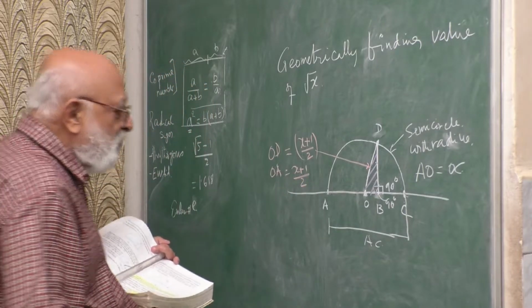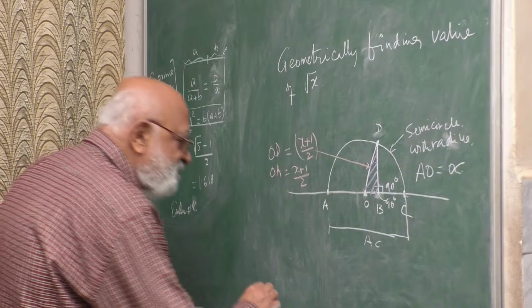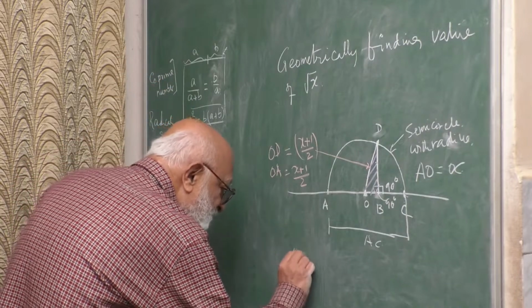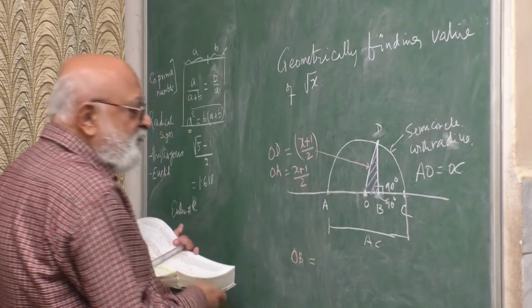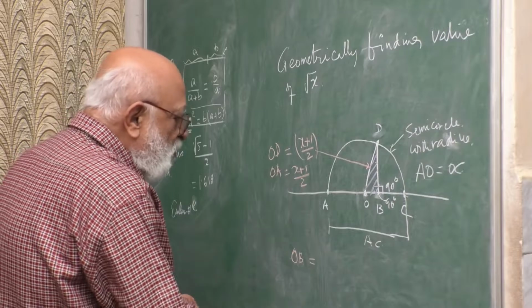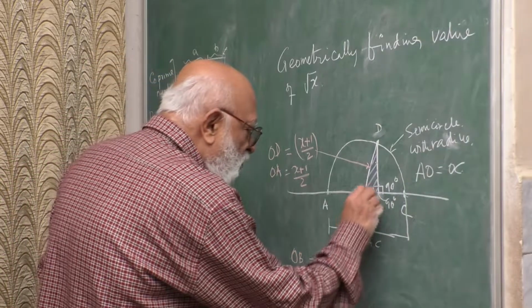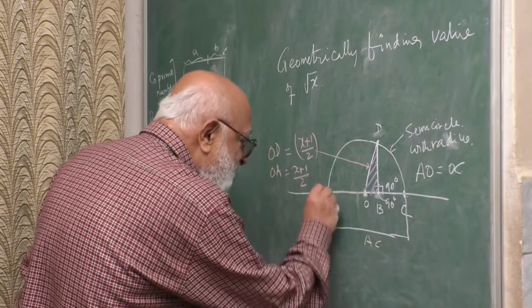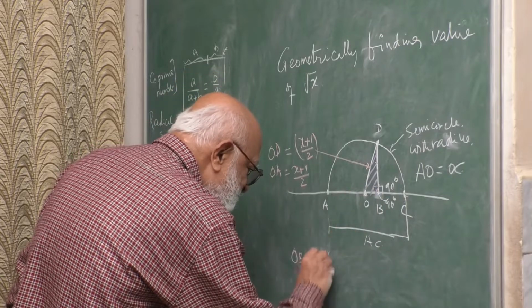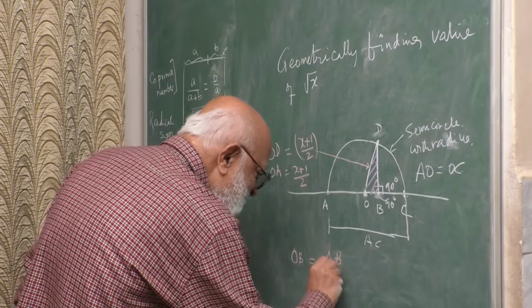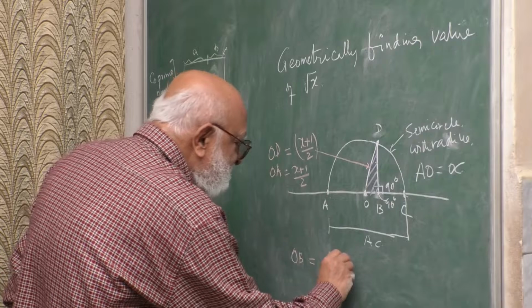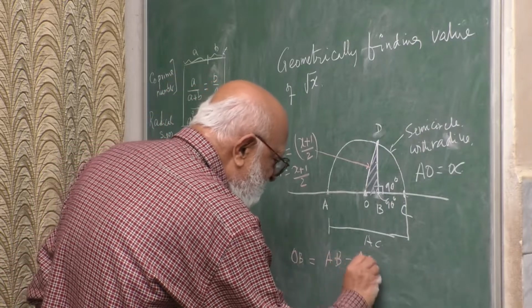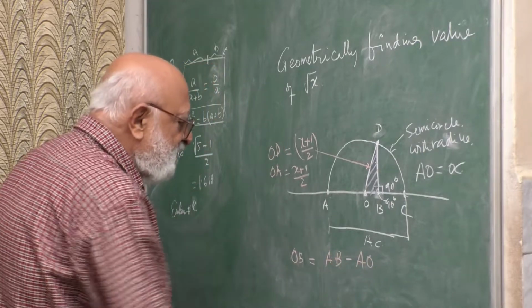Now let us find out the value of OB, because then I can use the Pythagoras theorem. OB is AB minus AO. Agreed? Definitely.